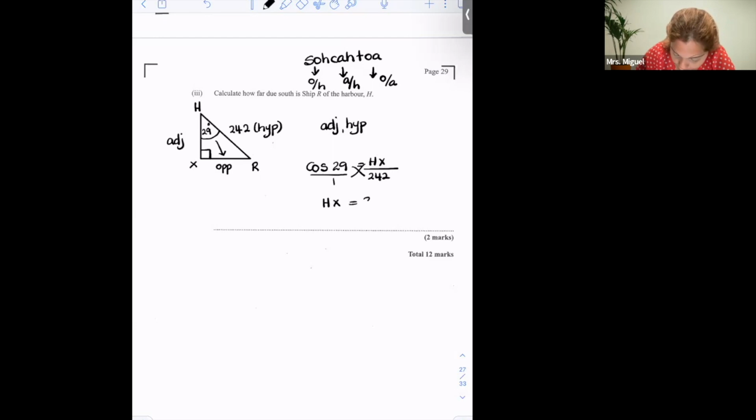HX is equal to 242 multiplied by cosine 29. I want the answer to 2 decimal places.